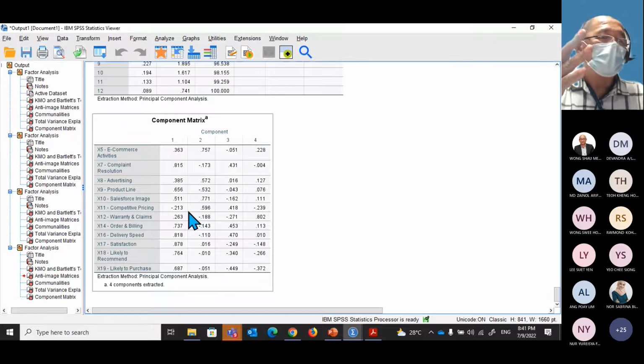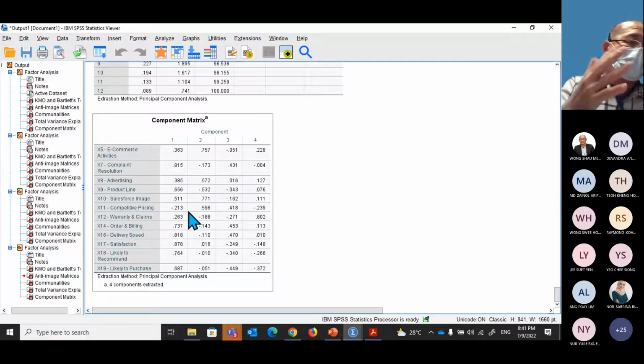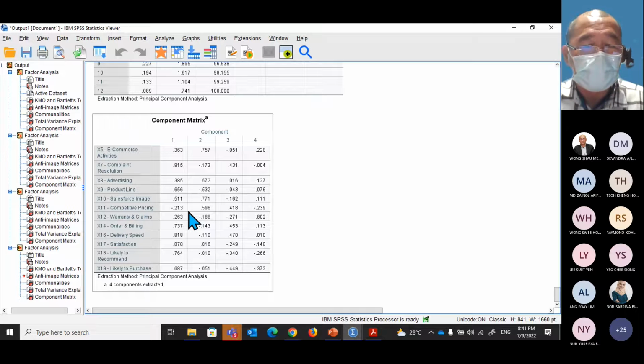Therefore, this one is not too good yet, and we should do rotation later. Rotation should be next class. Oh, no, today. If no question, we see next.